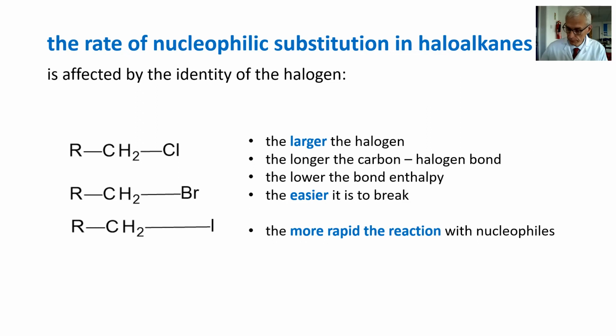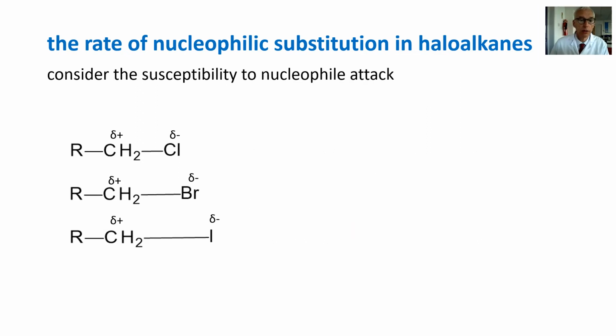However, you may want to compare the rate of nucleophilic substitution and explain its varying rate on the basis of bond polarity. Here you see that the carbon-chlorine bond is more polar than the carbon-iodine bond. Does that affect the rate of reaction?